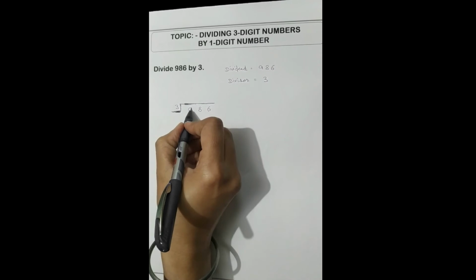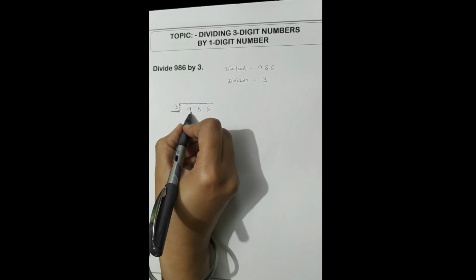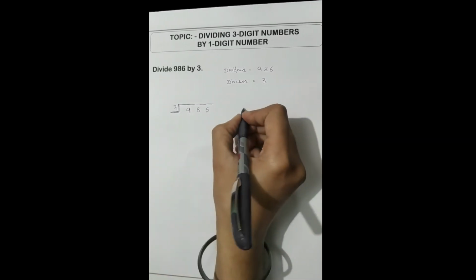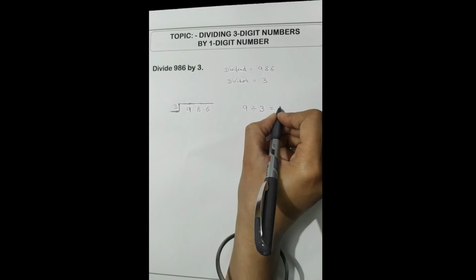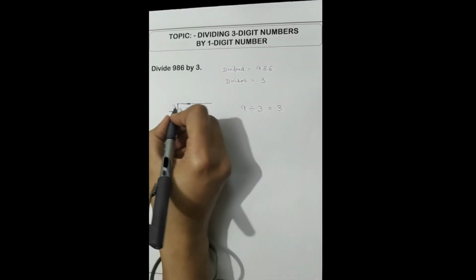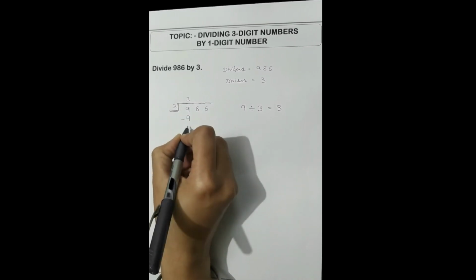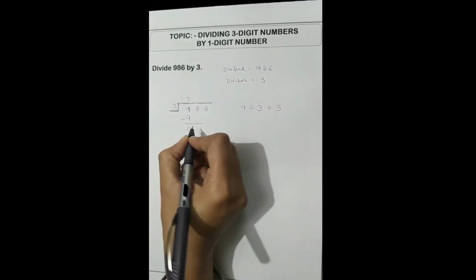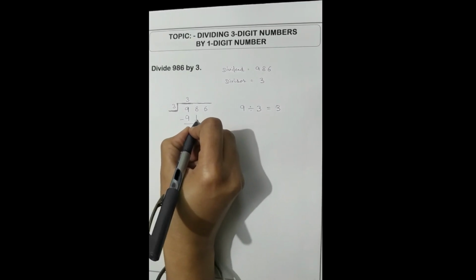Let's start from hundreds place, that is 9. 9 divided by 3 equals 3. So 3 you will write as a quotient and 9 will come here. 9 minus 9, 0. Bring down 8 from tens place.